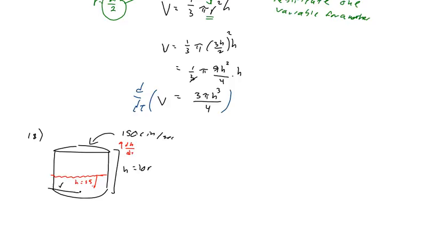Again, they have this connection here. The height is 10 times the radius. Or we can rearrange that and say the radius is equal to the height divided by 10, right? Doesn't matter which way we put it. One of these is going to be more useful than the other. Which direction do we do the substitution? That's our question here.